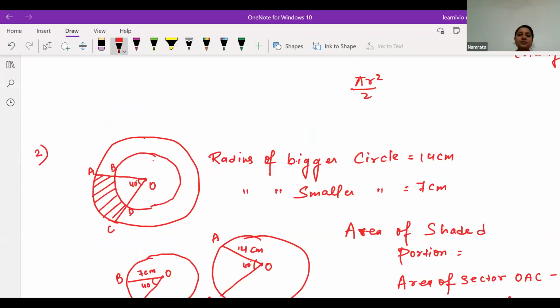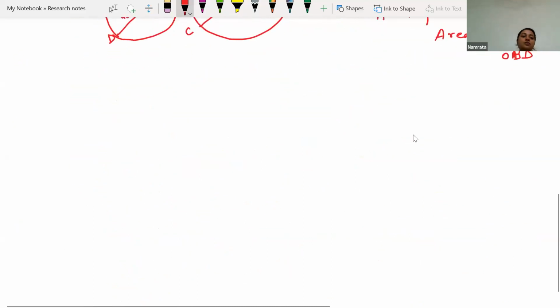Okay, let's move to the next one. Now, number 3. Here, number 3 says we are having a figure. Let me draw the figure.